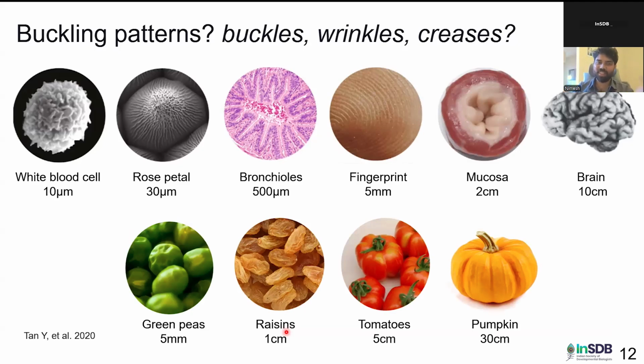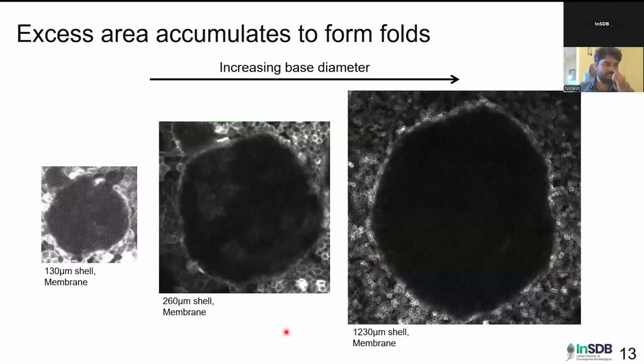So for us, what we decided to look at was, at different sizes, what is the effect of deflation, like fast deflation and buckling. So here we are looking at shells from the top at the base plane, and we saw there are two different kinds of folds that emerge as a post-buckling pattern.